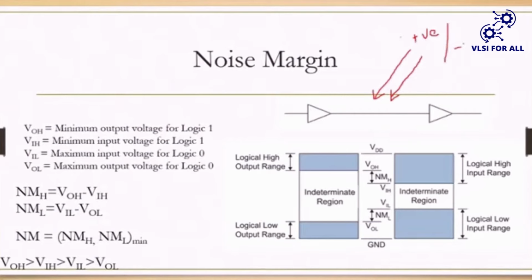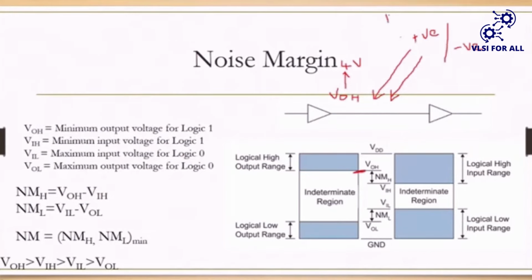That noise might be either positive or negative. Remember, positive or negative. Now let's come to the point. This is my value VOH. Let's assume it is 4 volts.